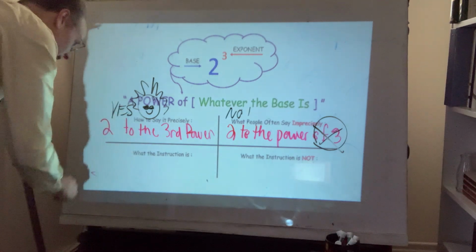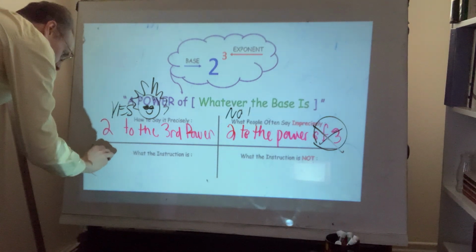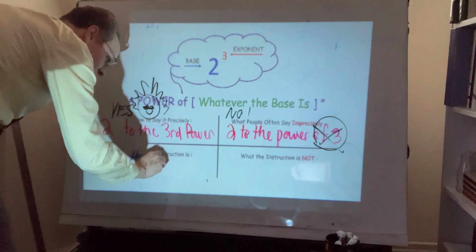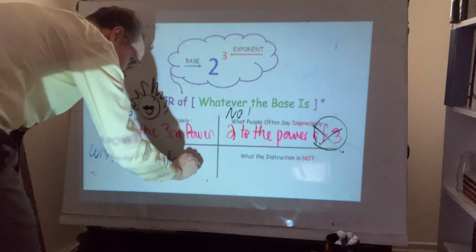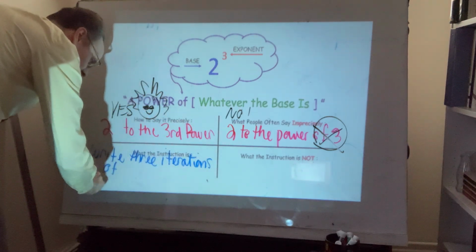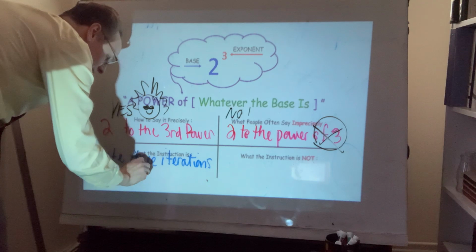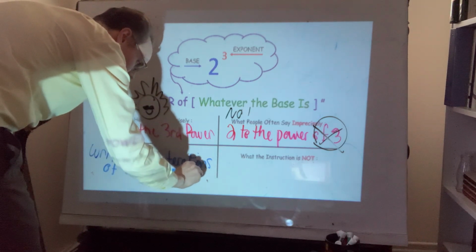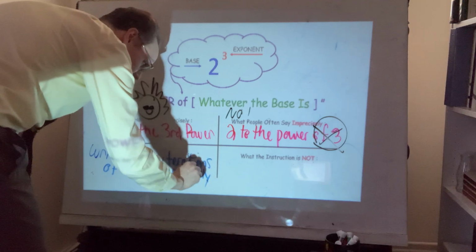You're to write, in this case, 3 iterations of 2 and then multiply. That's what you have to say first.